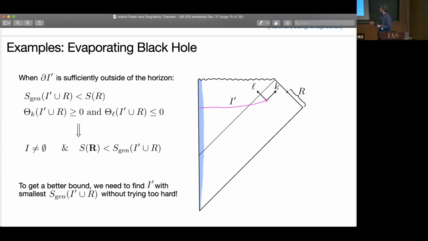Near the horizon, the quantum expansions receive important corrections from the derivatives of the bulk entropy. That's, for example, because in the theta k example, area variations in the k direction become small near the horizon, so they start competing with entropy derivatives there. So one way to not have to worry about that, to have control over the bulk entropy derivatives, is to bring I prime a little bit outside of the black hole.